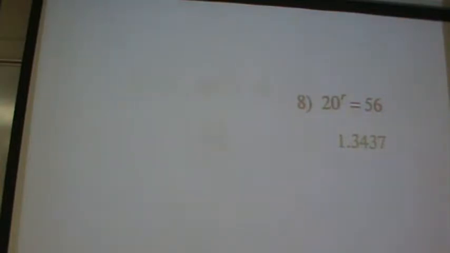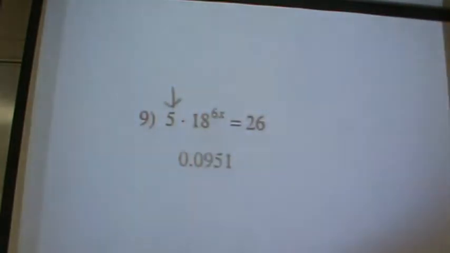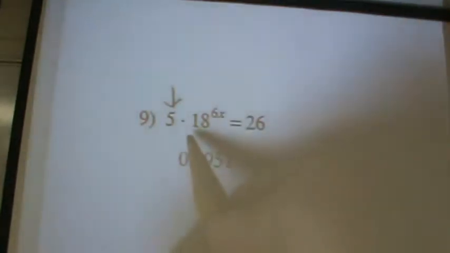Okay, so now look at why is number 9 different? Because it has the 5 times, the 5 in front of the exponential. So how do you think you're going to get rid of 5 times? That 5's got to go. Divide by 5?